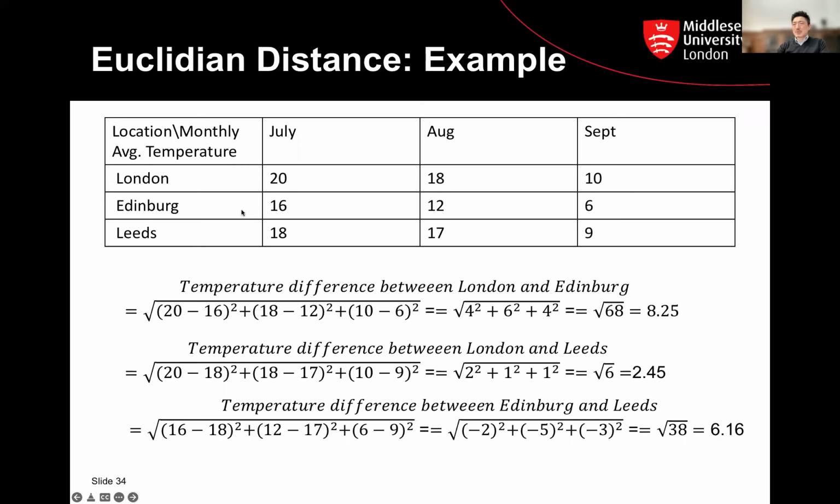And for Edinburgh, there are also these 3 dimensions: 16, 12, 6. And you calculate the Euclidean distance. So you can definitely calculate any distance metrics. And whether that gives you a lot of sense, maybe not.